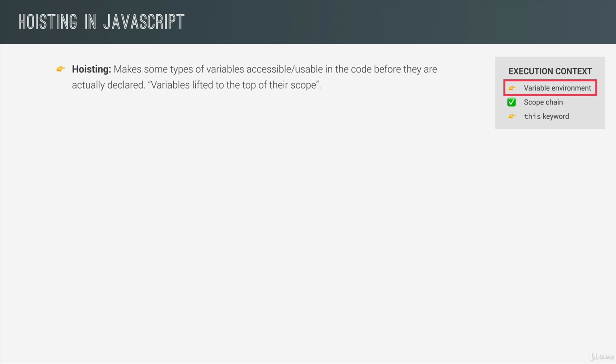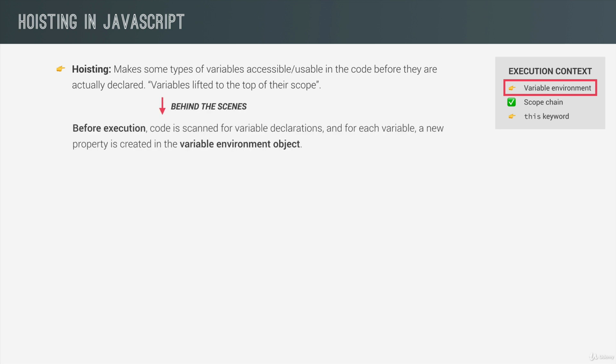Instead, behind the scenes, the code is basically scanned for variable declarations before it is executed. So this happens during the so-called creation phase of the execution context that we talked about before. Then, for each variable that is found in the code, a new property is created in the variable environment object.